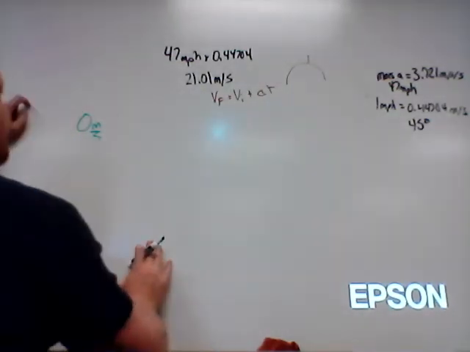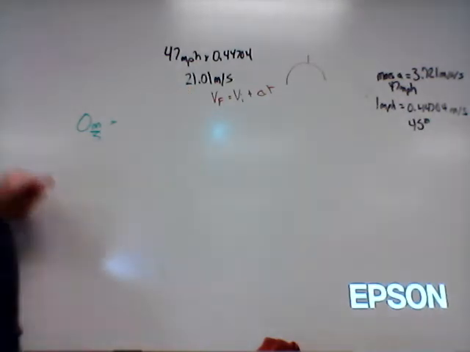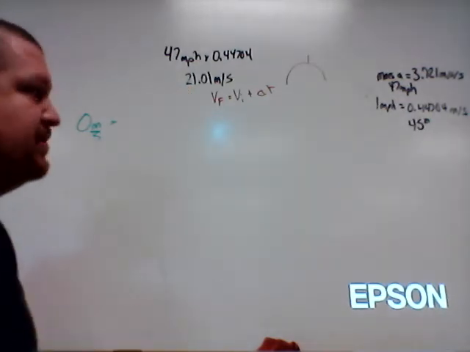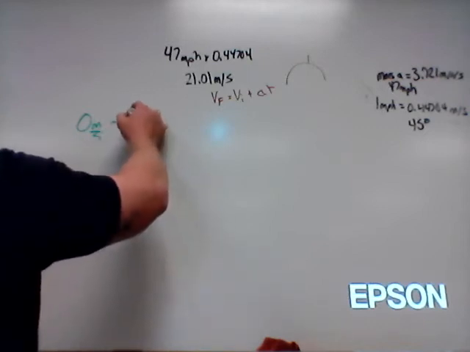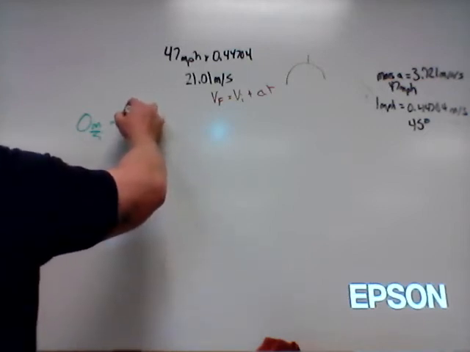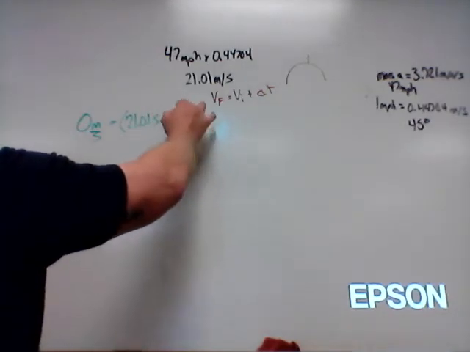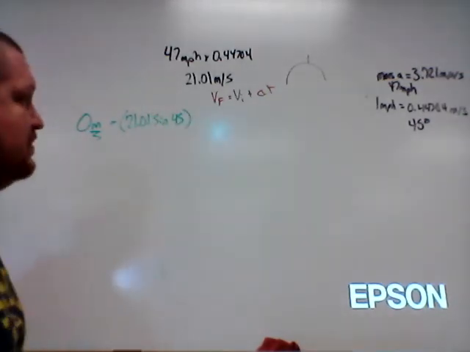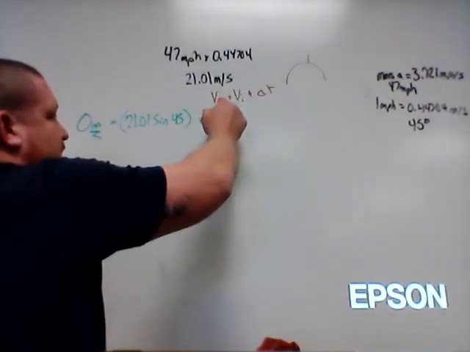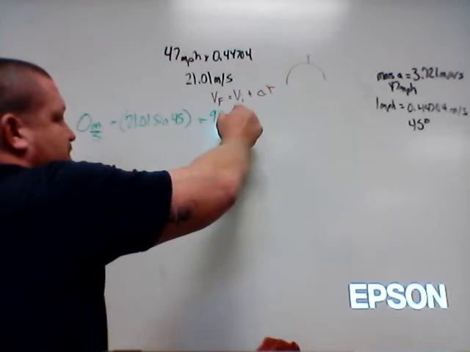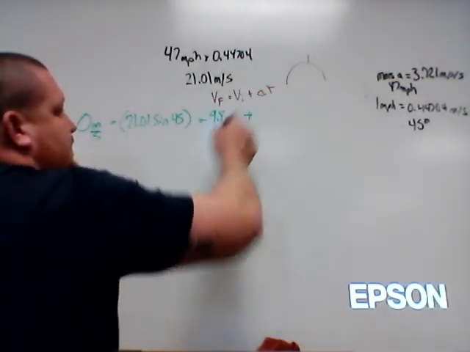top of the parabola, equals, okay, now we can't use this because this is not in our vertical component form, so we're going to solve for this by doing 21.01 sine 45, plus or minus 9.8 meters per second squared, because it's slowing down, that's why it's negative, and then time.